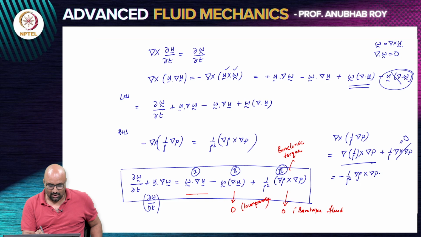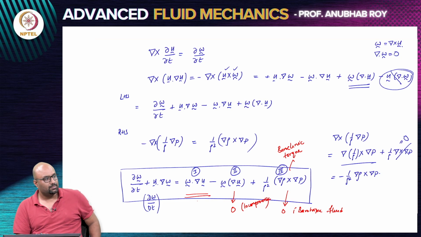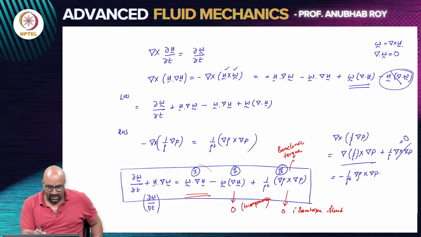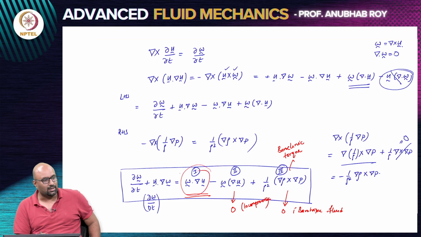But the first term is something that is quite new, ω dot del u. This is something which we will see in our next lecture, what is the significance of this particular term.